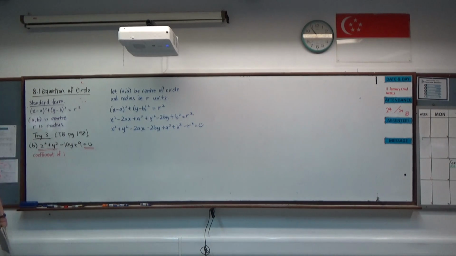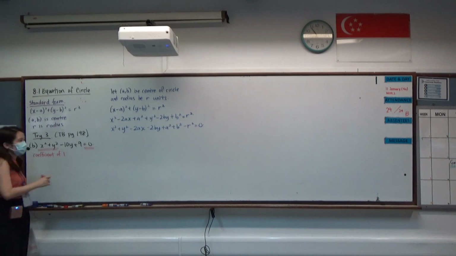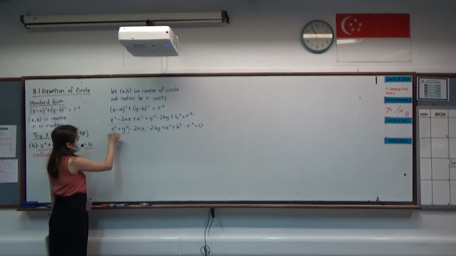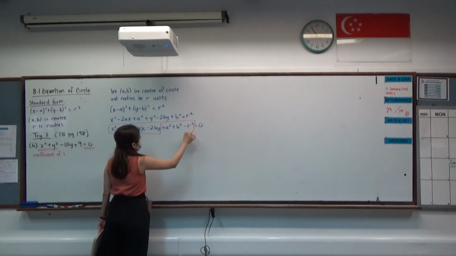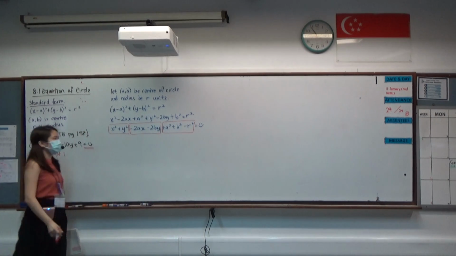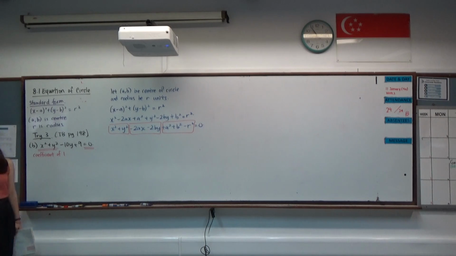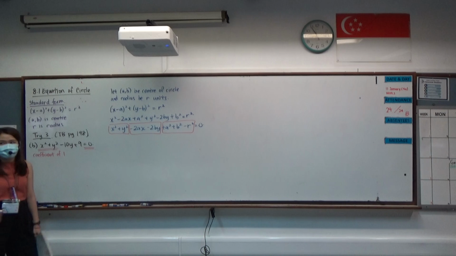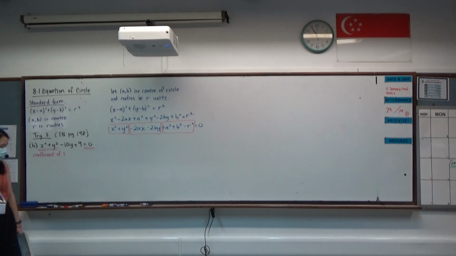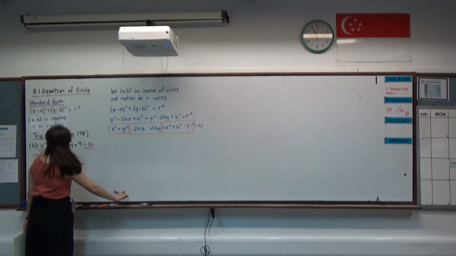In your expansion and rearrangement, we group it in this manner, in decreasing powers of the variables x and y. So power 2, power 1, and then the constant terms. Then we compare.